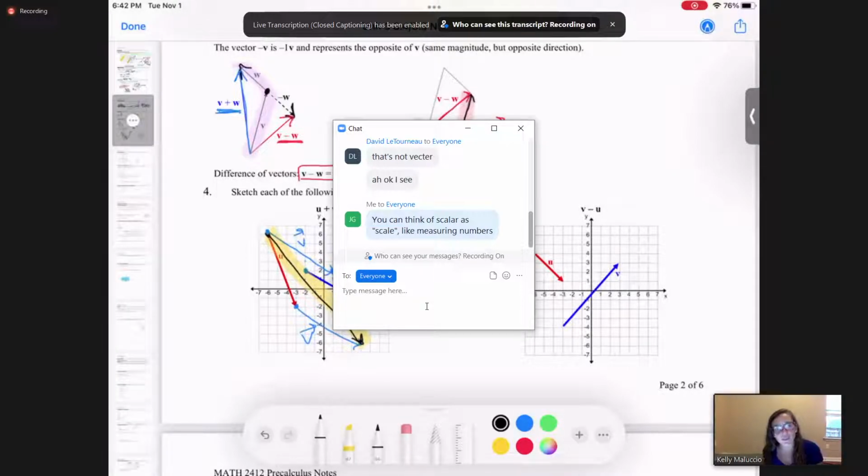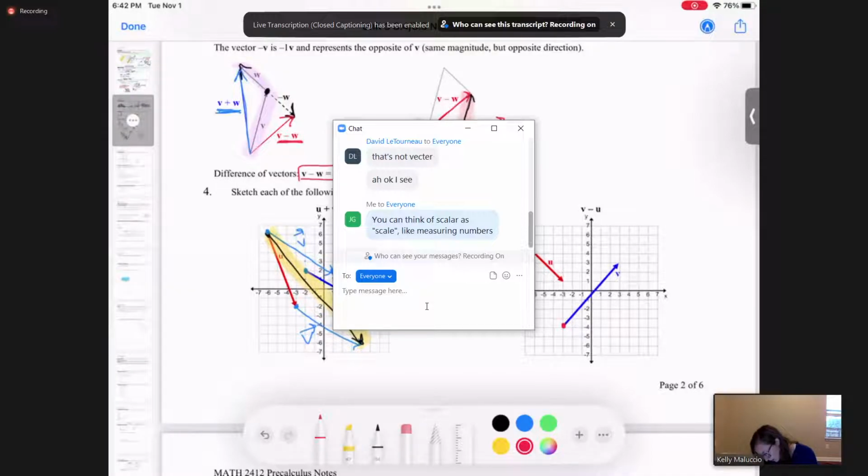And then they gave us a similar picture and they said V minus U. So again, if you want V minus U, you either want to move U to be at the start of V or at the end of V. It doesn't really matter, but let's say I shifted U to start at the same point as V. That means I would shift it down 8 and over 3.